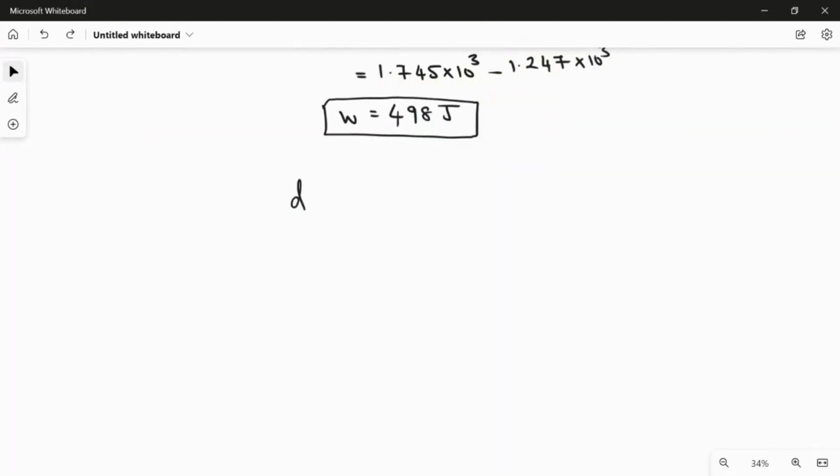Fourth part. Here we are going to find the change in rotational kinetic energy. How can we find this value?